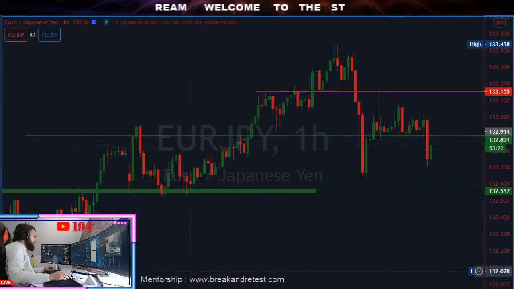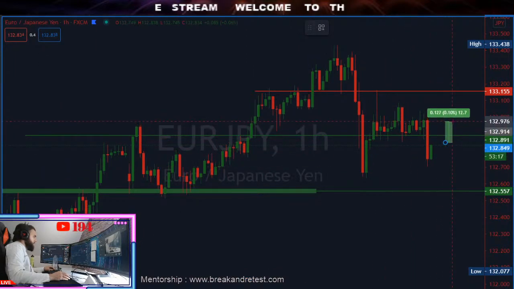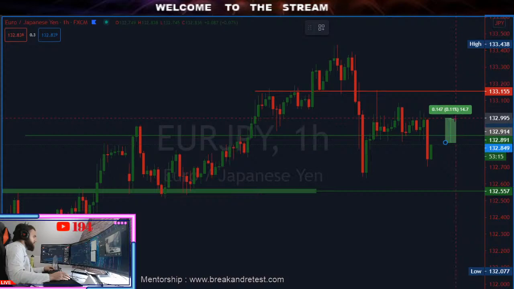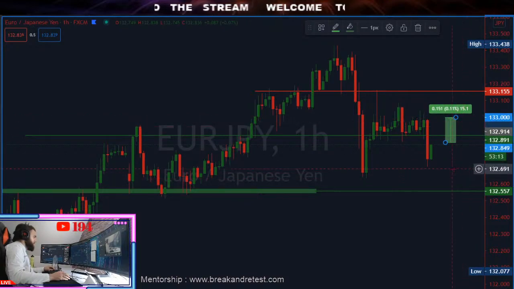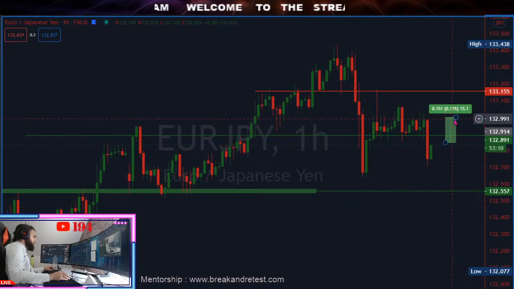Stop loss is going to be around 15 pips above the breakout candle.